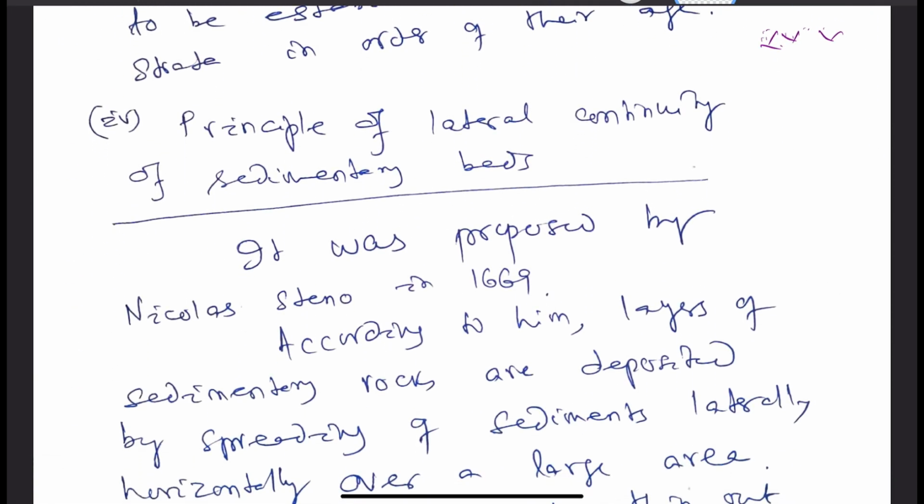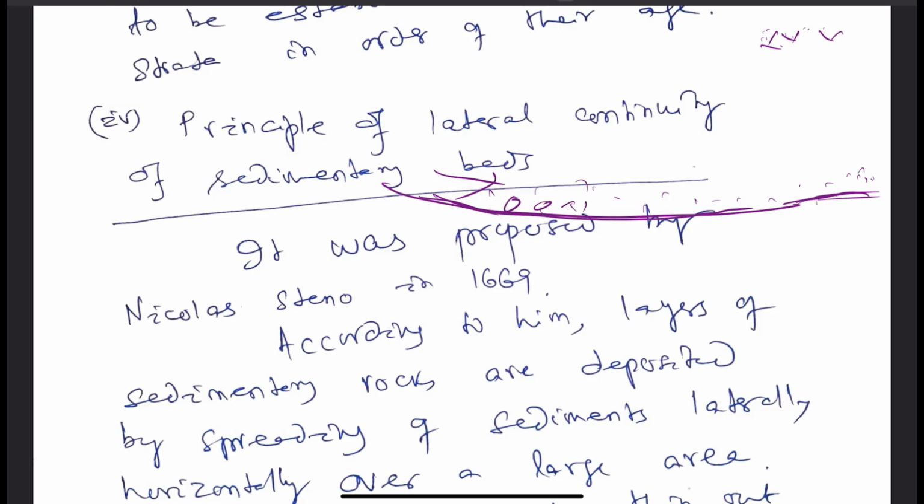Similarly, the principle of lateral continuity of sedimentary beds. In a sedimentary environment, we generally see that the coarser coastal sediments are deposited first, and further down the finer sediments are deposited. It depends upon the slope condition and the energy condition available at the site of deposition.